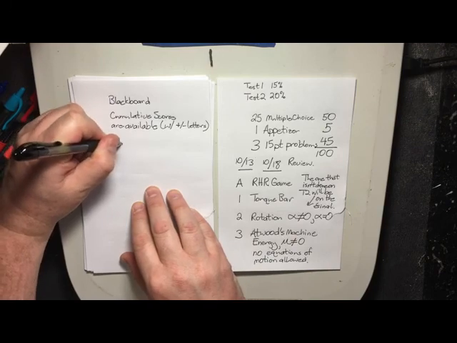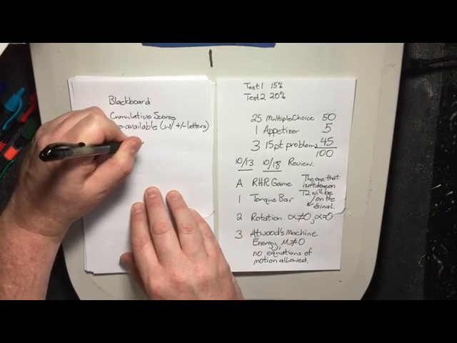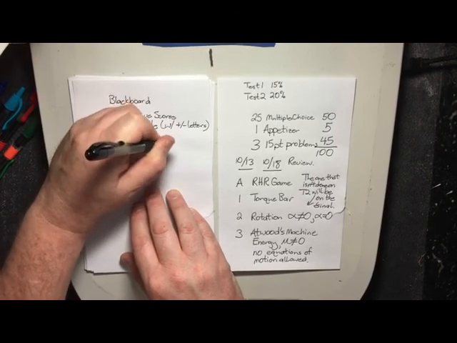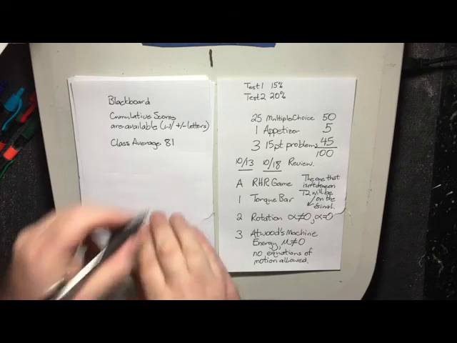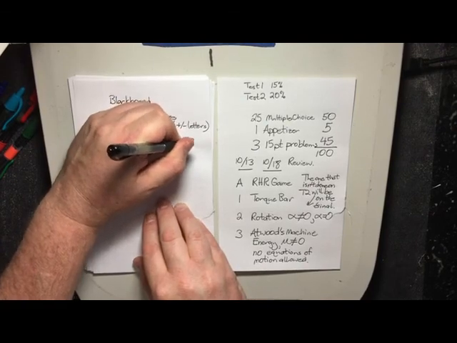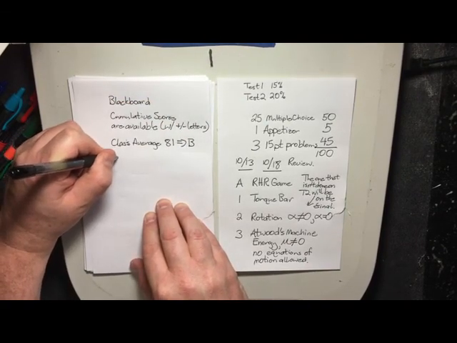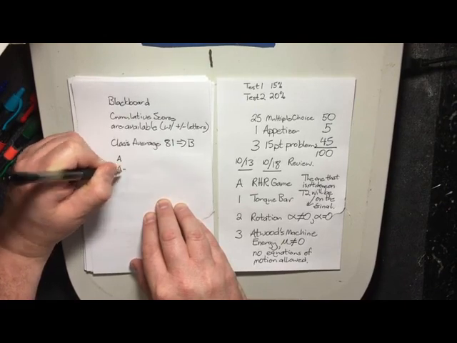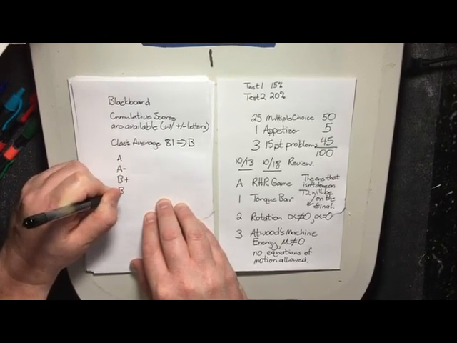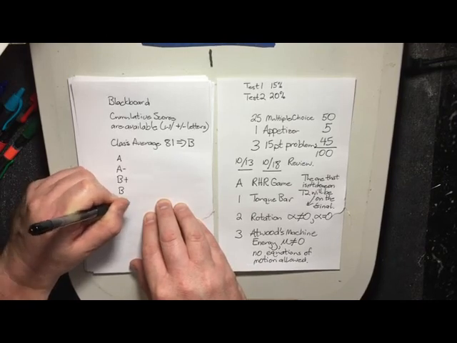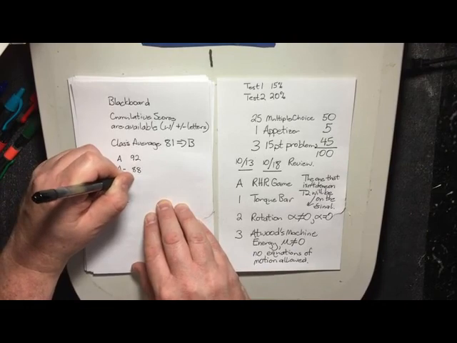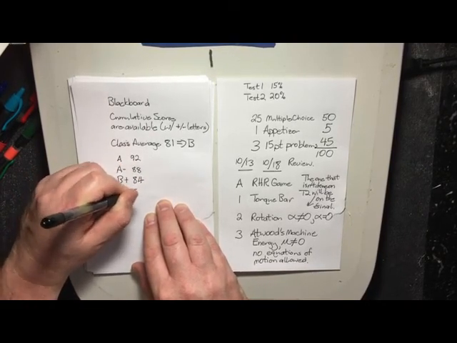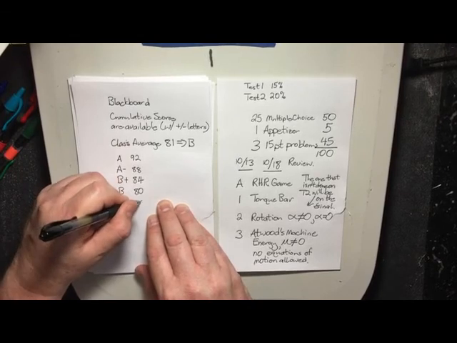Right now, the class average is an 81, which is pretty much going to be the average for the test. 81 right now is a B. I'm just going to go down to B minus. 92 is the lowest A, minus is an 88, B plus lowest is an 84, then 80, then 76.